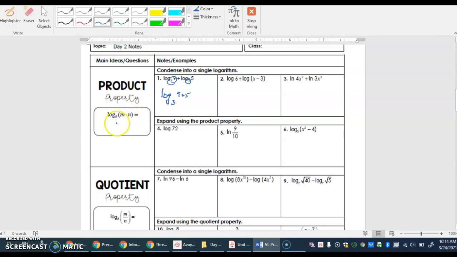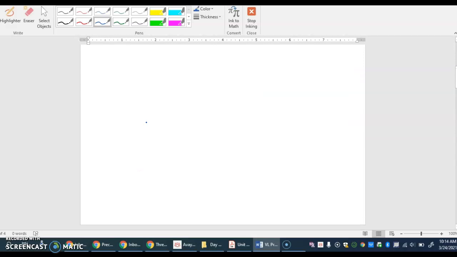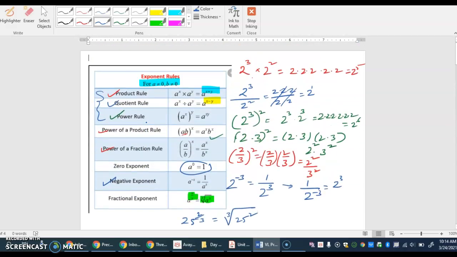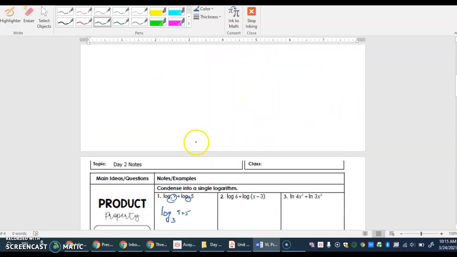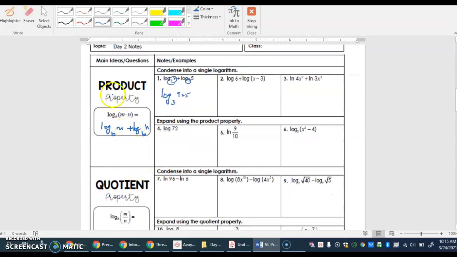So this log property is log m to the base b plus log n to the base b. When you're expanding a product, you have to put the plus in between them. Whereas what we have seen in the exponents, exponents and logs are inverses of each other. We have seen that previously. So see how the exponents are added here. Likewise, here you have to add them because log is an inverse of exponent.